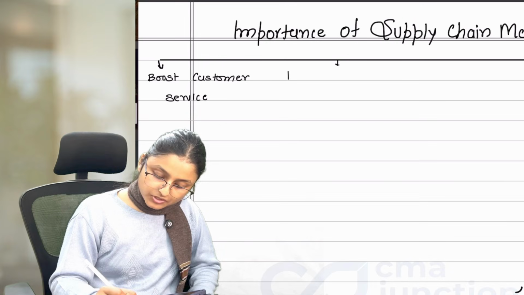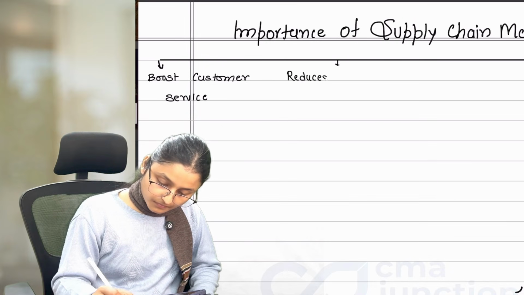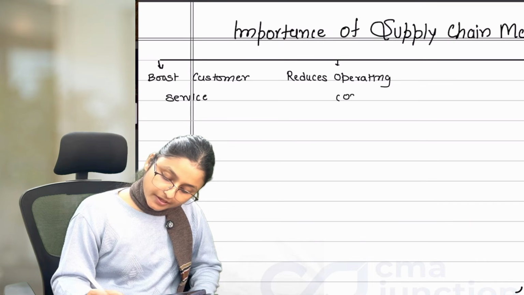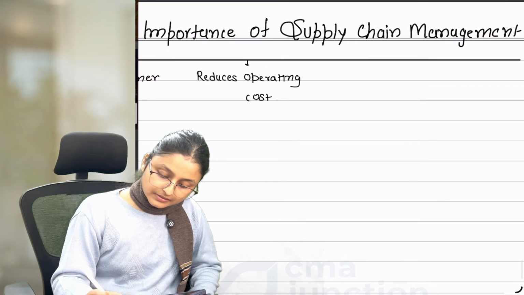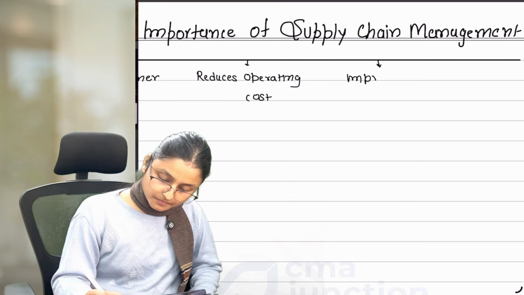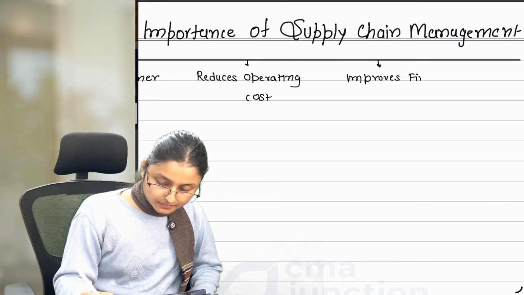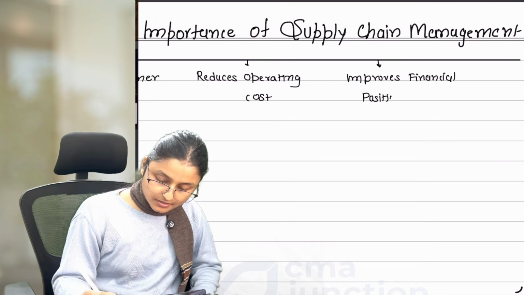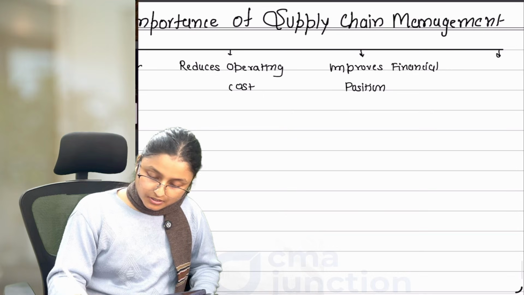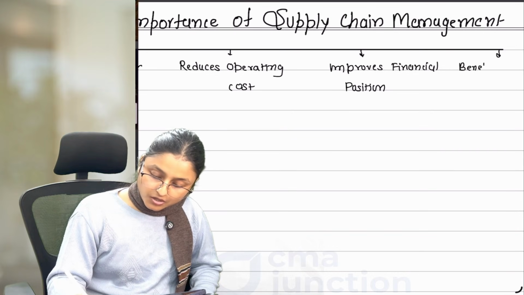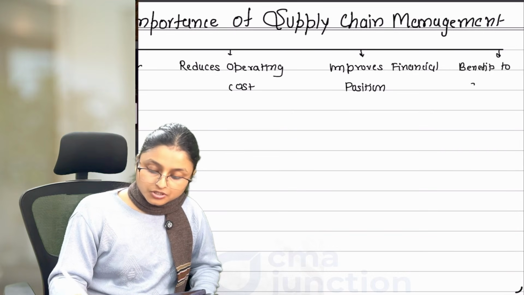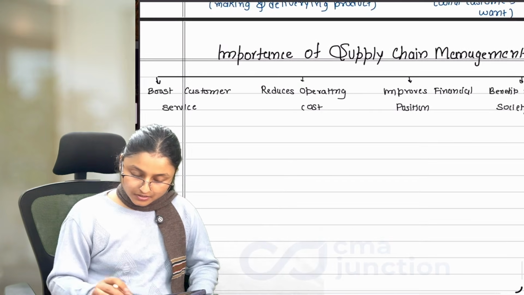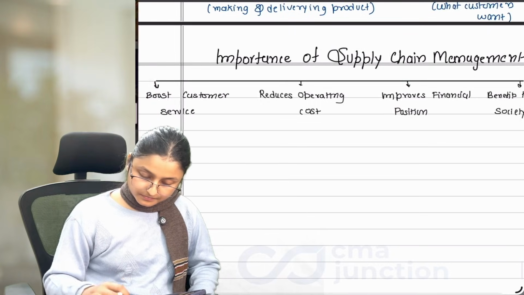Next, we focus on reducing operating cost. Third thing which supply chain management does is it improves our financial position. And last is benefits to society. It is not only beneficial to the organization, it is also beneficial to society. Done. Let's start with boost customer service.